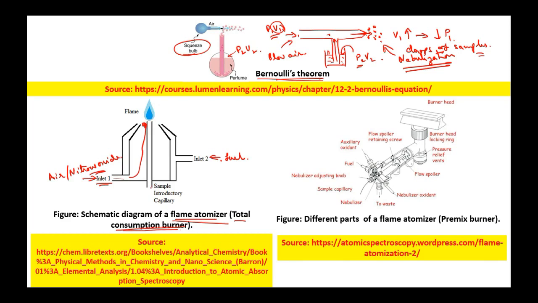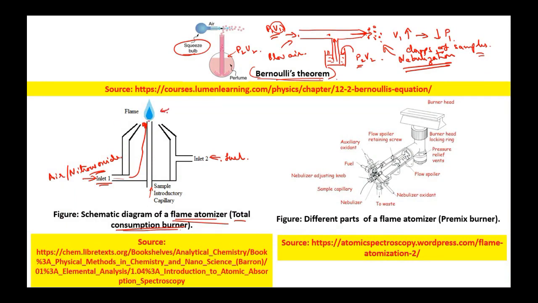Okay, and at the same time, if you see, we have a sample introductory capillary. So due to this pumping action, which we have just discussed through Bernoulli's theorem, through that mechanism, the sample is being inserted and pushed towards this flame.